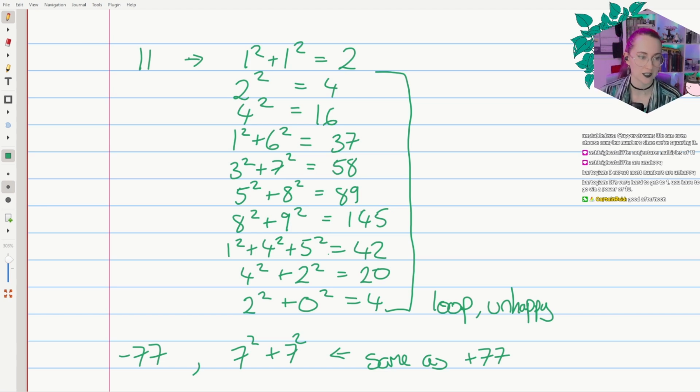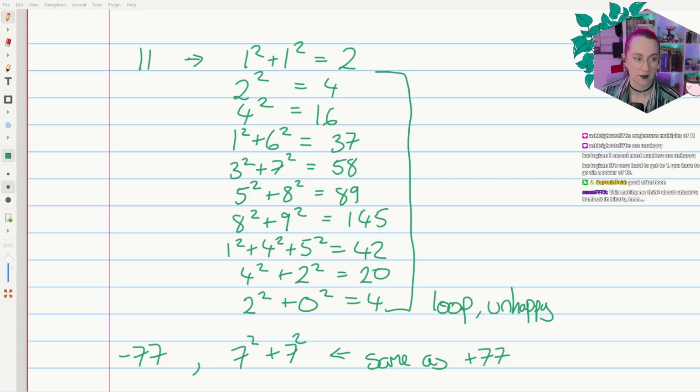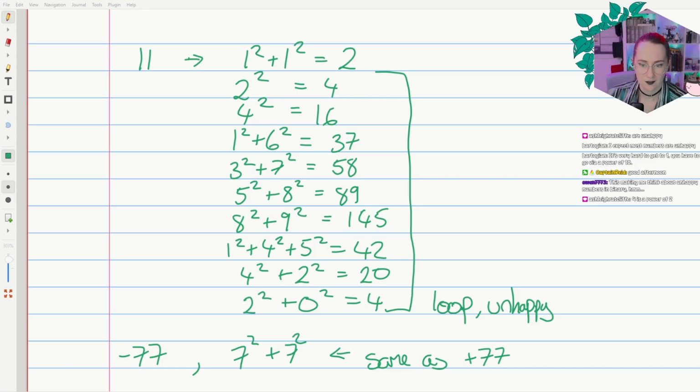But given that it's told us that this is a happy algorithm and these are called happy numbers, I'm going to guess they're actually a thing. So we can check that out. Happy numbers. Eventually reaches 1 when it's replaced by the sum of the square of each digit.